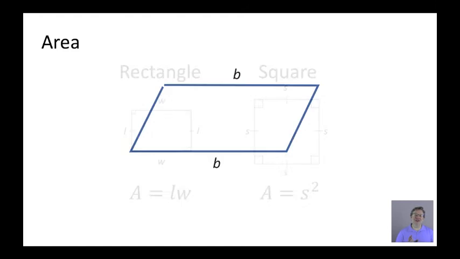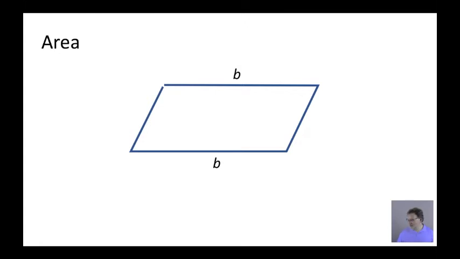Similarly, how do we figure out the area of a parallelogram? Well, it's pretty hard to visualize placing carpet squares inside a figure like this and coming up with some measure of area on the inside of this. But here's something that we can do.